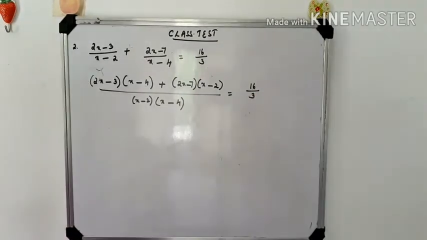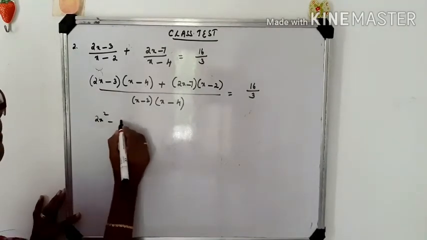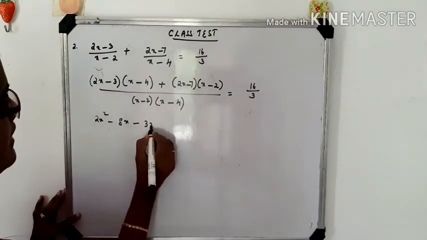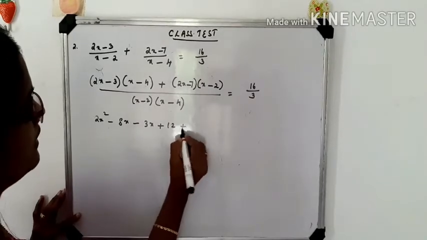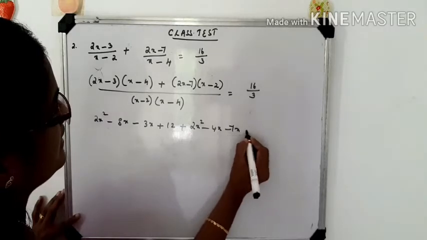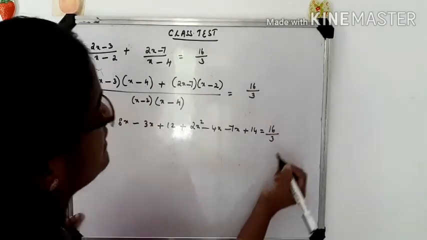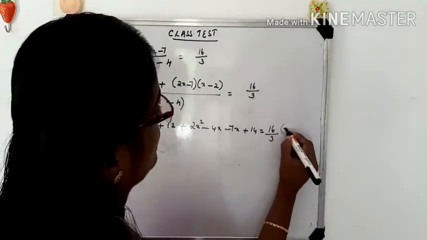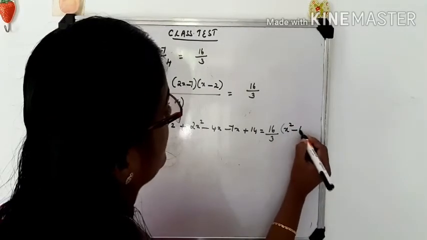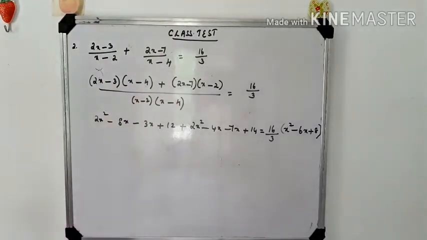First step. Then opening the bracket: 2x² − 8x − 3x + 12, 2x² − 4x − 7x + 14 = 16/3 into (x² − 6x + 8).